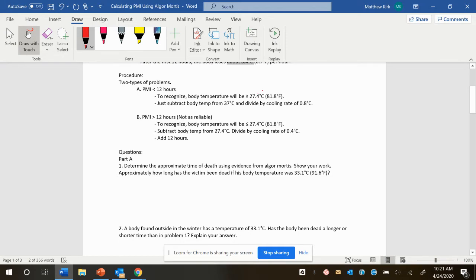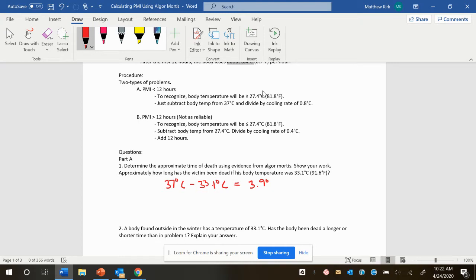So we use A, and what we're going to do is take the normal body temperature of 37 and subtract that measured temperature of 33.1 degrees Celsius. So 37 minus 33.1, and we get 3.9 degrees as the change.